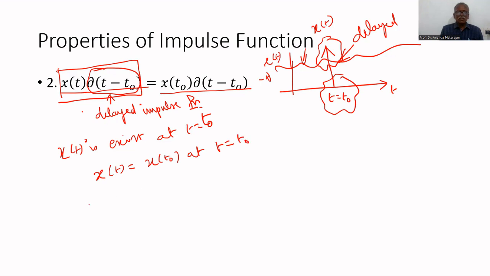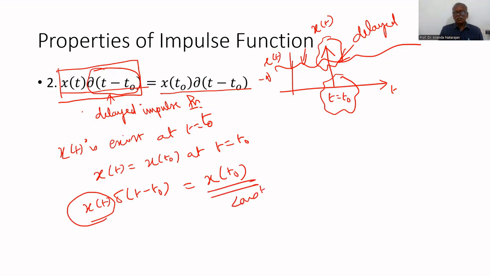Therefore, x of t del of t minus t naught equals x of t naught del of t minus t naught. At all other points, its value exists, but the impulse function does not exist. That's why instead of writing x of t, we can simply write x of t naught, a constant, or the value of x at t naught, multiplied by del of t minus t naught. That is the second property.